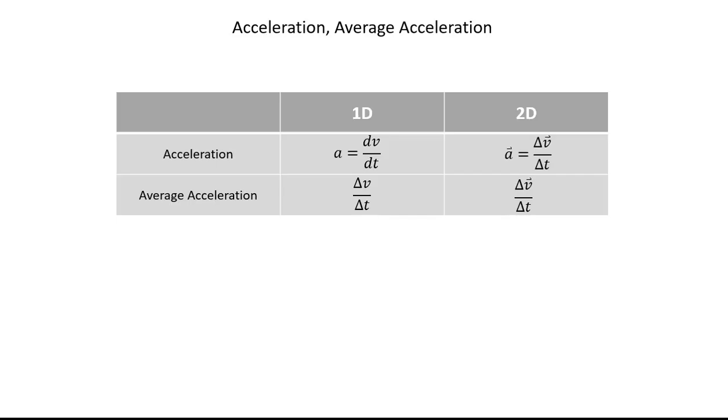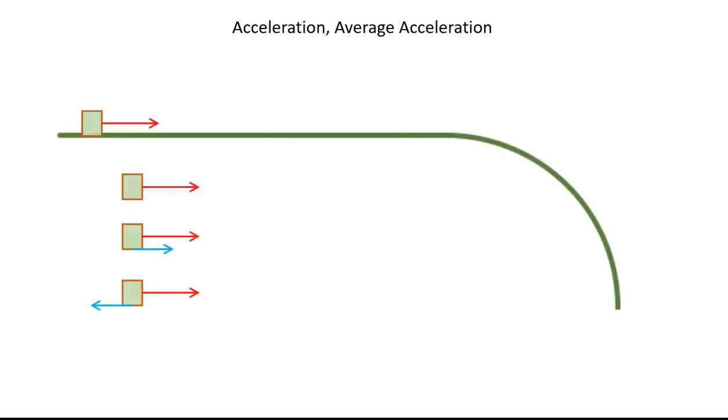Lastly, we look at acceleration and average acceleration. So acceleration, just like velocity is a measure of how your position changes, acceleration is a measure of how your velocity changes. So if I had an object moving along a straight line, there's essentially 3 cases.